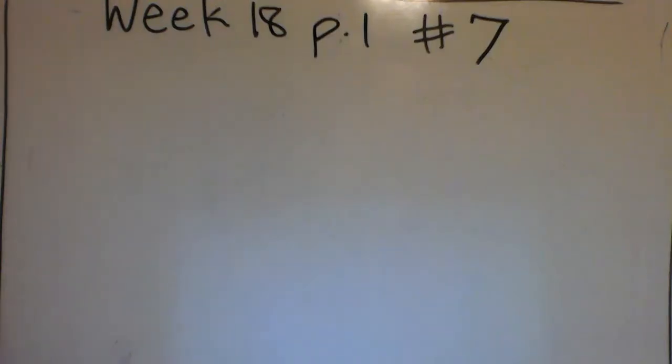This is week 18, homework sheet, page 1, number 7. It says write the expression for the solubility product constant for copper phosphate, a solid. The first thing again that we're going to do is show the equilibrium equation. We're going to place the solid on the left-hand side.